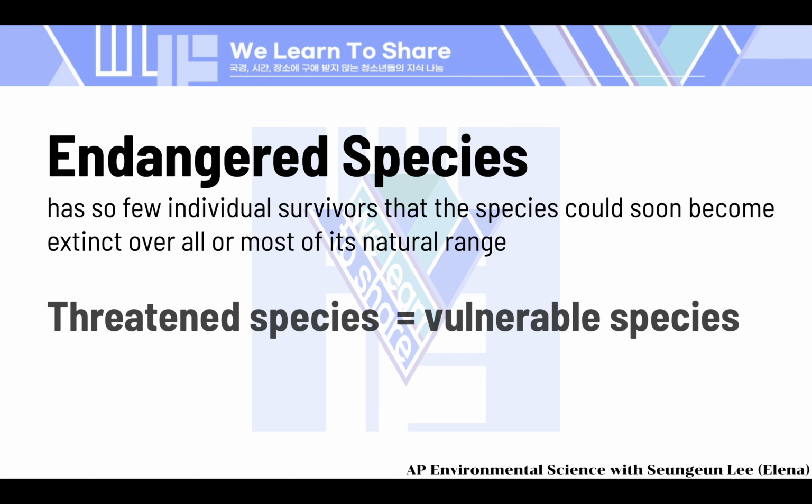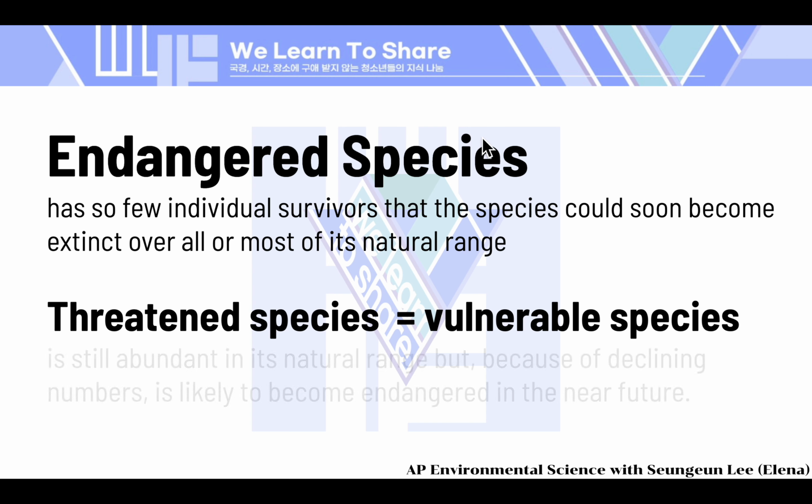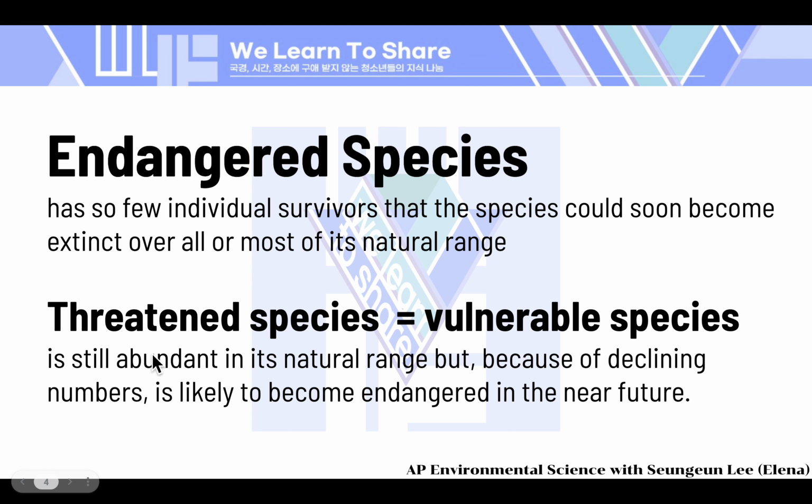In contrast, threatened species, or in other words, vulnerable species, are different from endangered species because they're still abundant. This is the key difference. Endangered species are already so few, but threatened or vulnerable ones are just threatened, so they are still abundant. However, they're likely to become endangered due to declining numbers in the near future.